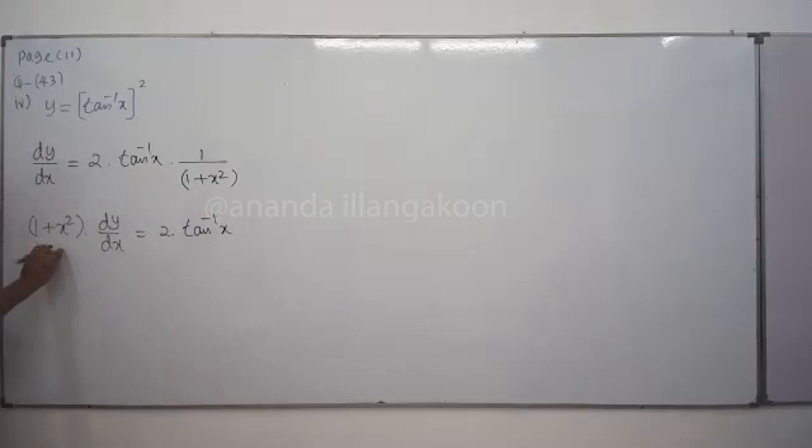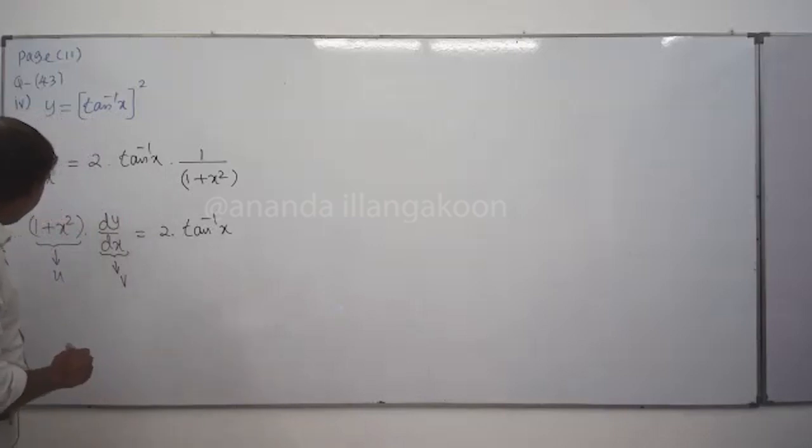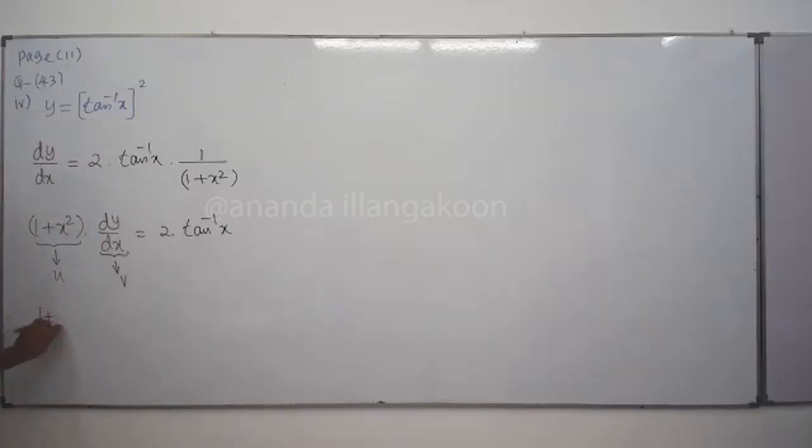Now on the left hand side we have to differentiate, people. This is your u function. This is your v function. Then on the left hand side we have u into v. U into v, that you know how to differentiate. Keep this u function 1 plus x squared the same. That should be multiplied by the derivative of this. Here we have the first derivative.